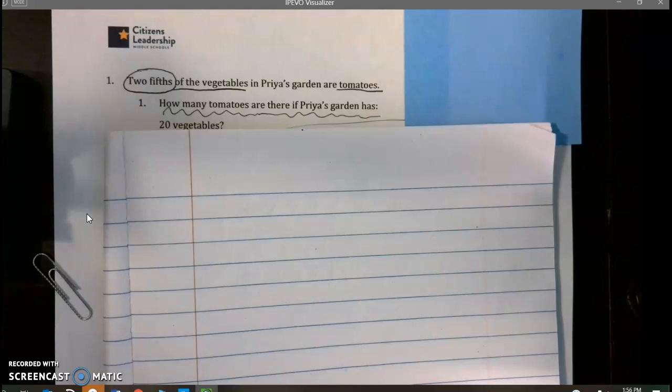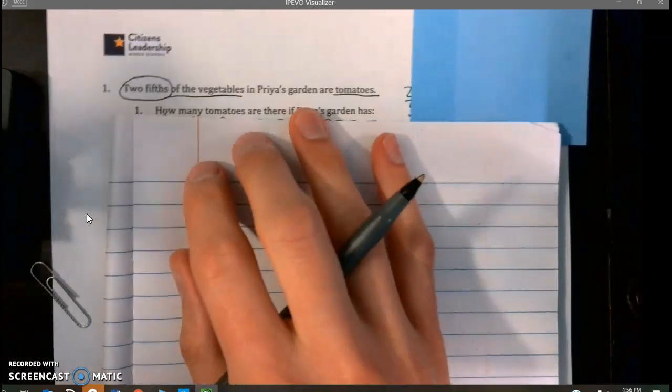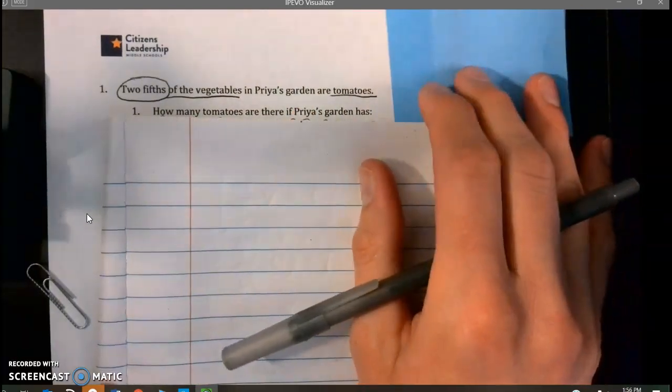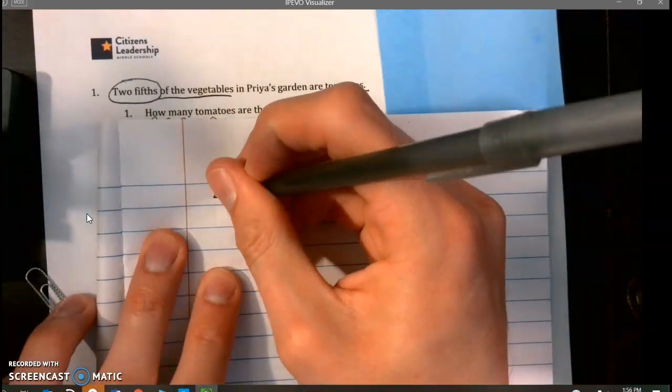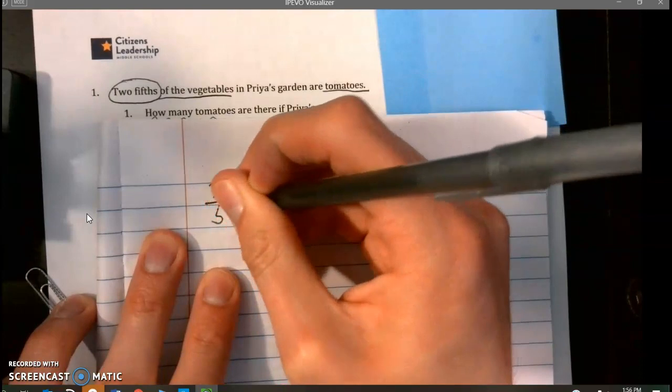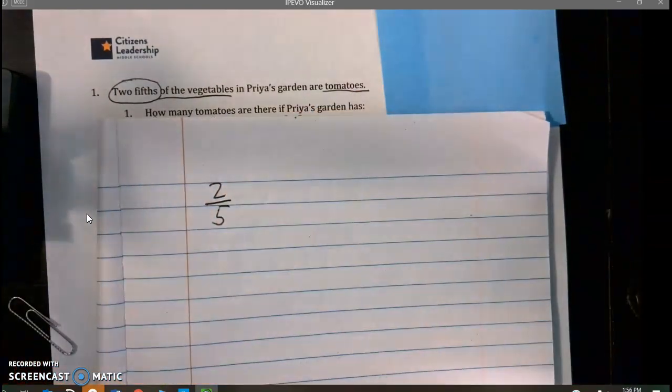Okay? So, the only number that is given to us originally, before we look at the question, if we look at the word problem, is 2/5. And it says 2/5 of the vegetables. So at this point, it is not giving us any number for the vegetables.